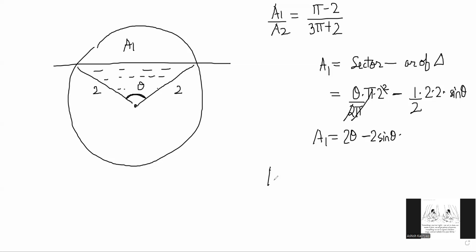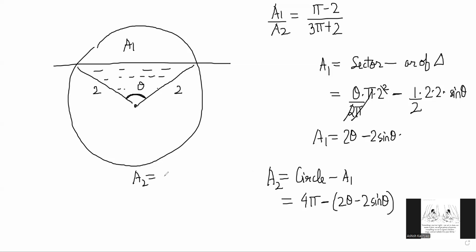And what will be A2 area? A2 is a major segment, so it will be total circle minus A1 area. Circle area is pi into 2 square, so 4 pi minus A1, which is 2 theta minus 2 sine theta, right? So A2 for us is coming out to be 4 pi plus 2 sine theta minus 2 theta. That is my A2.